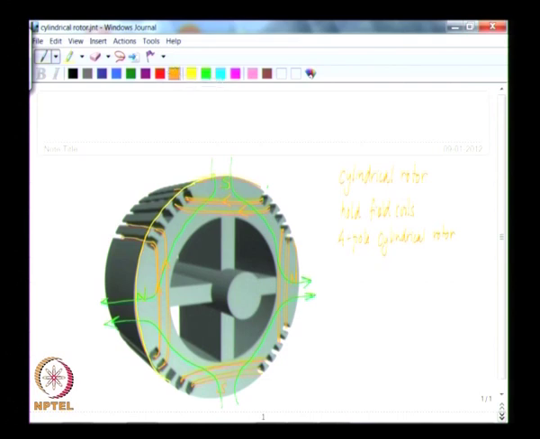shown is for a 4-pole cylindrical rotor, and we have one pole that is here, another pole face here, a third pole face here, and a fourth pole face here. They all have to generate a magnetic field. So around this pole you have rotor field coils that are wound through these 2 slots and then through the next 2 slots.